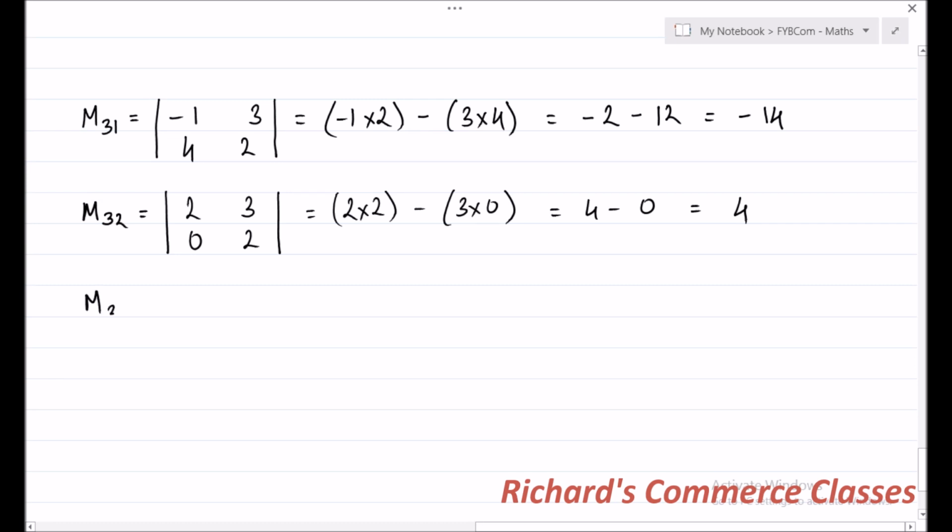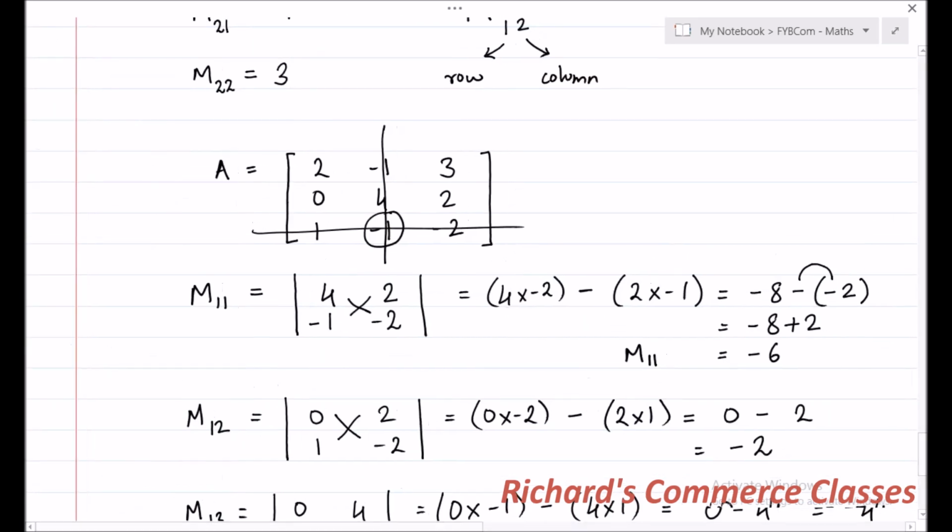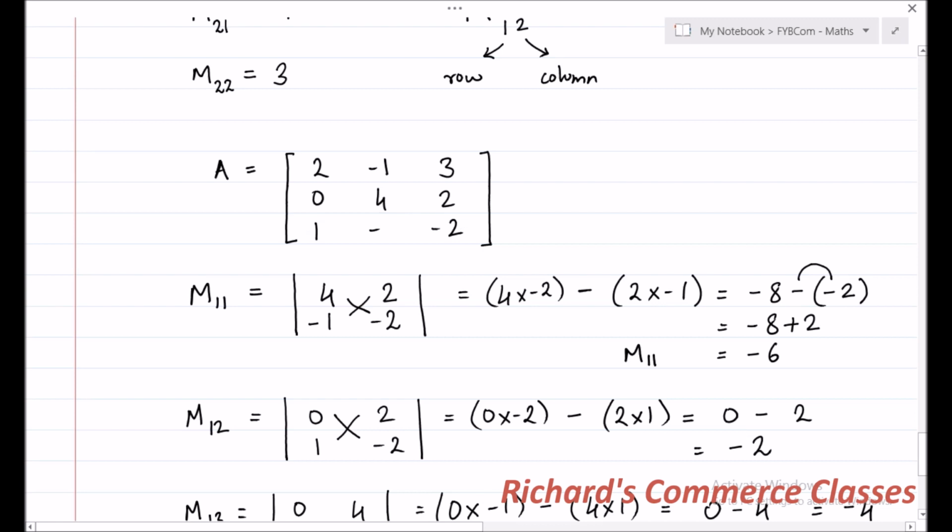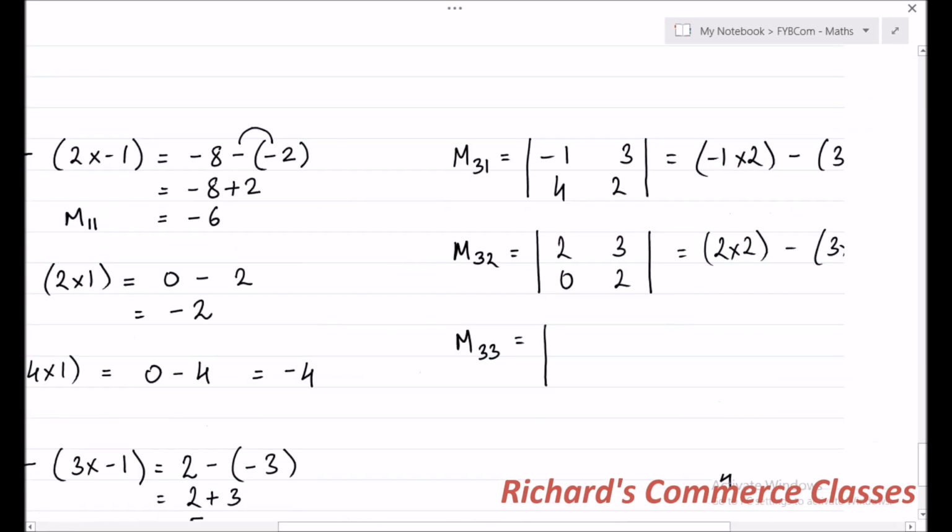And lastly, M33, which is equal to, going back to our original matrix, third row and third column, that is the last element, which is minus 2. Deleting the row and the column, the remaining elements are 2 minus 1, 0, 4.